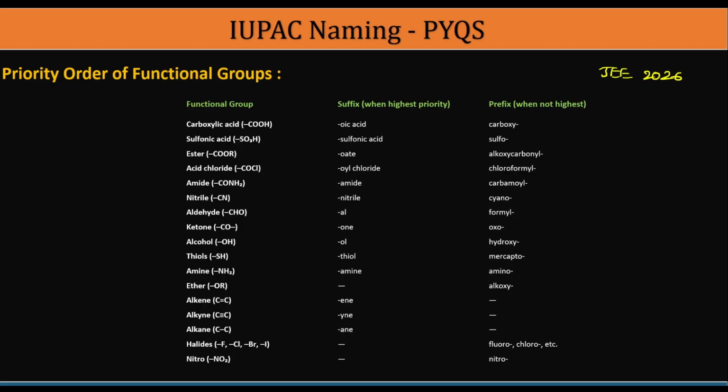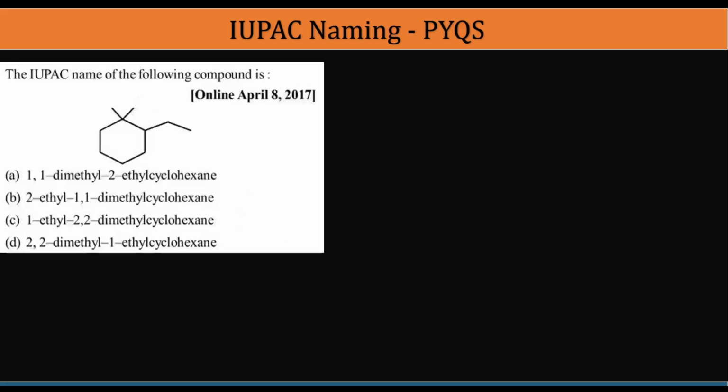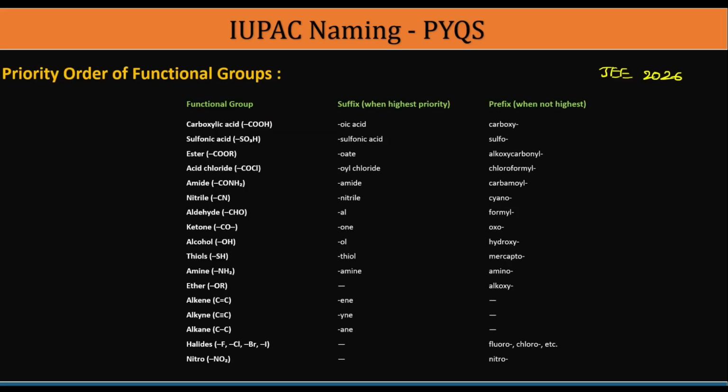Before solving these previous year questions, let's try to understand this. I'm not saying this is the only thing you need to know, but if you know the priority order, then you can easily write the naming.